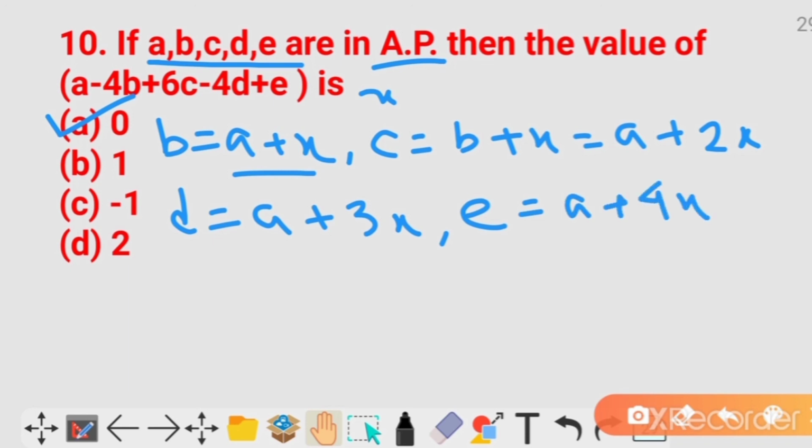Okay, now we'll put all these values in the given expression.